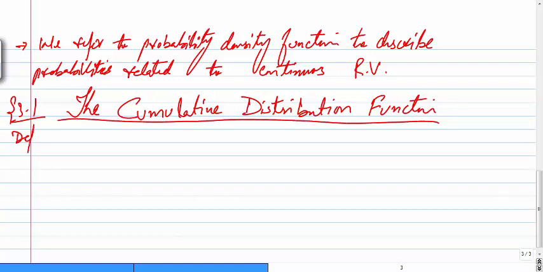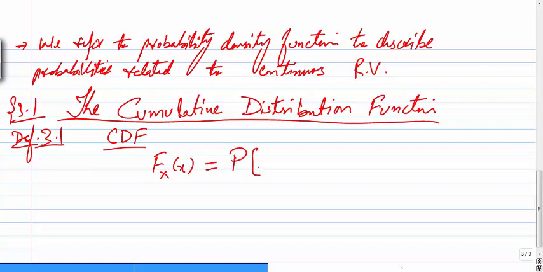We have a definition, that is 3.1, and this is CDF. The CDF of a continuous random variable is equal to the probability that X is less than or equal to x. So this can be used to represent the random variable.